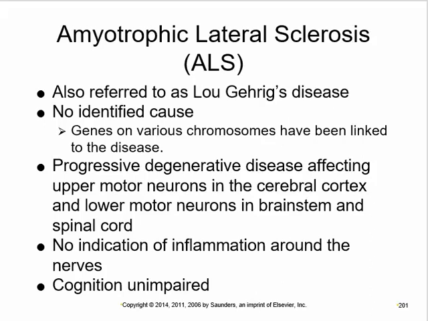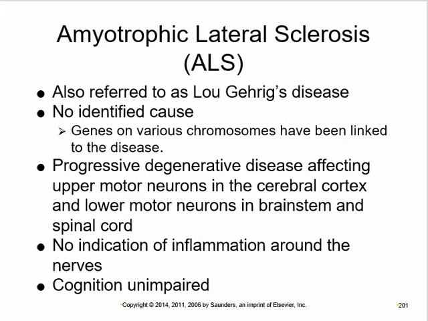It is probably a genetic predisposition with environmental triggers. I find it interesting. It's still called Lou Gehrig's disease because Lou Gehrig was a famous baseball player. But Stephen Hawking had it. Professor Hawking, the great physicist, had it, but they don't call it Stephen Hawking's disease.